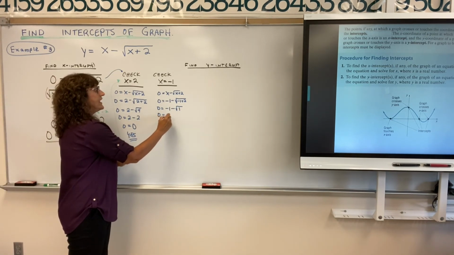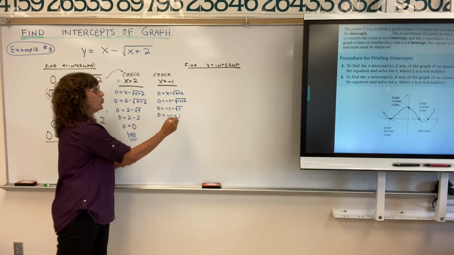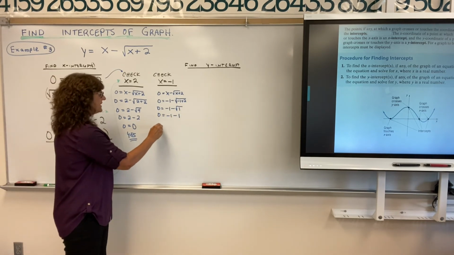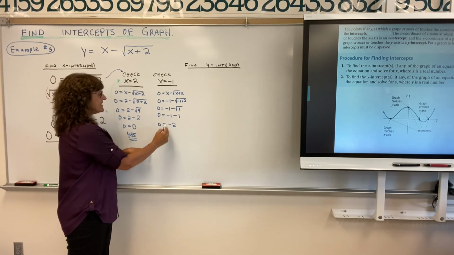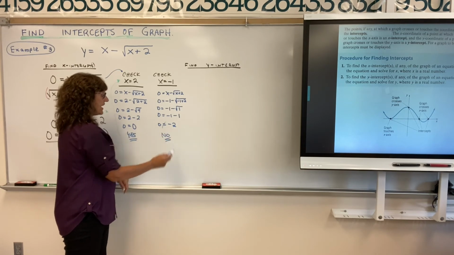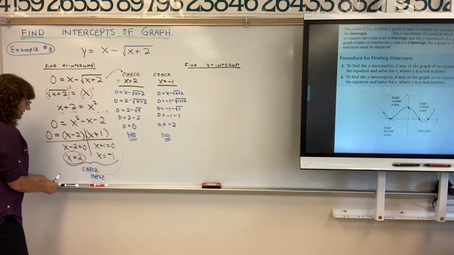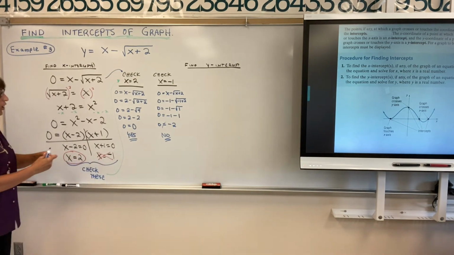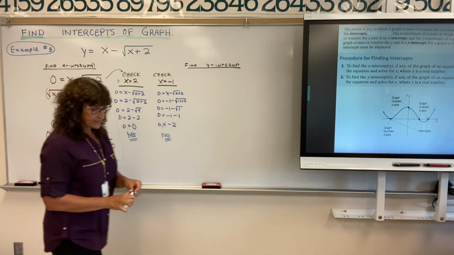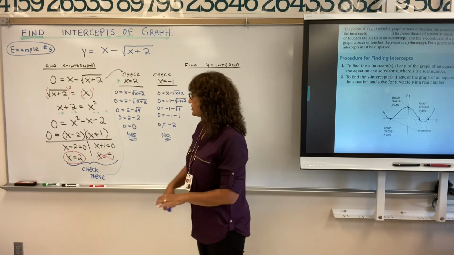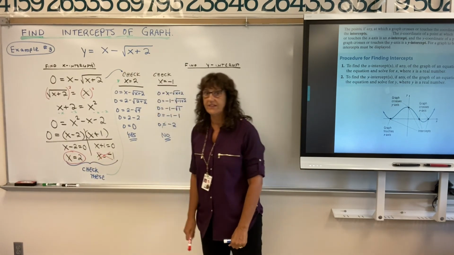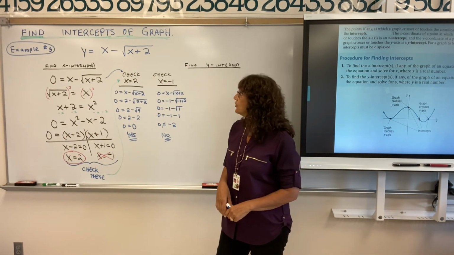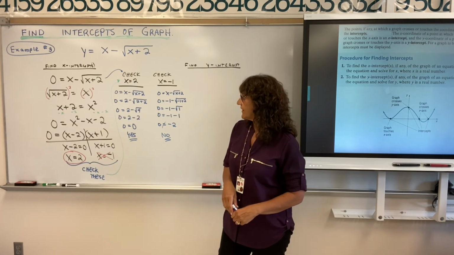So you have -1 minus 1, which is -2. And this is not a true statement. This is not true. So this is not one of your solutions. You have to throw this one out. The only x-intercept you have for this radical expression is the 2, okay? So 2 is the only x-intercept.